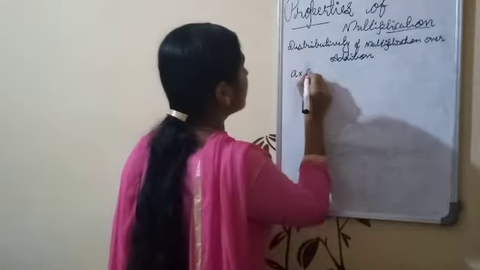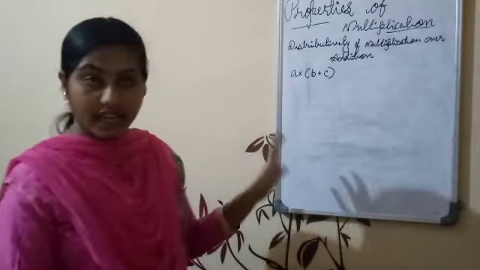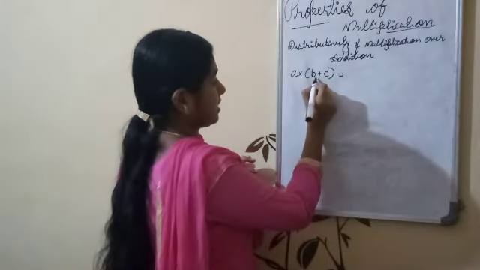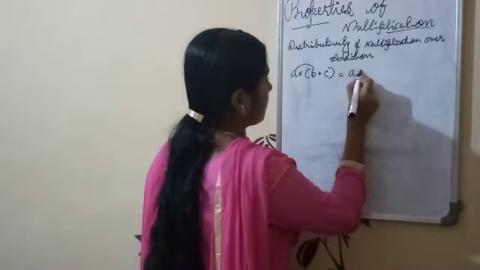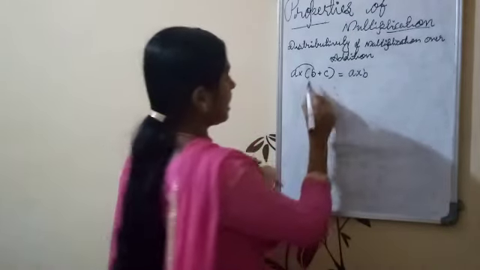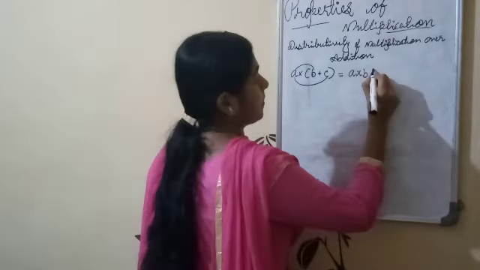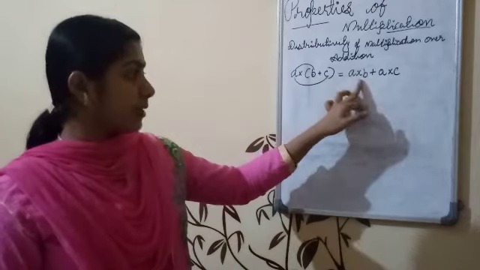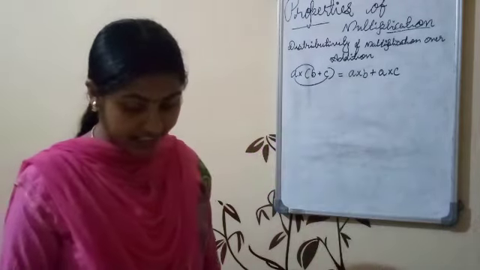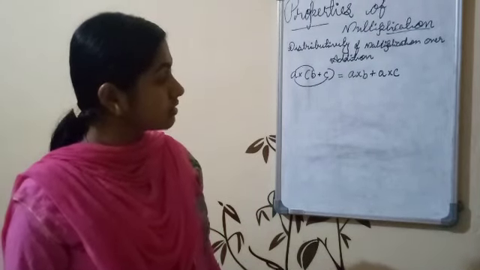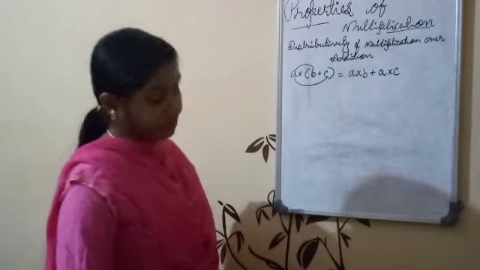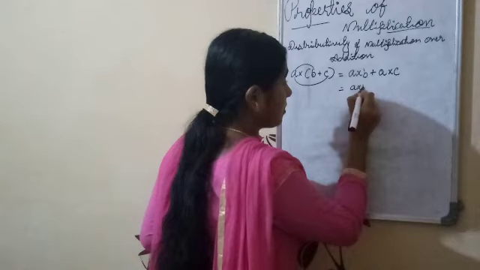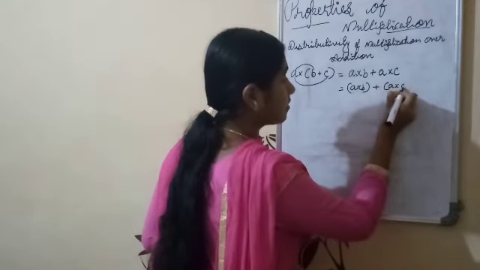A into (B plus C) is equal to, separate this, A into B plus A into C. So A into (B plus C) is equal to AB plus AC, or we can write it like this: A into B plus A into C.